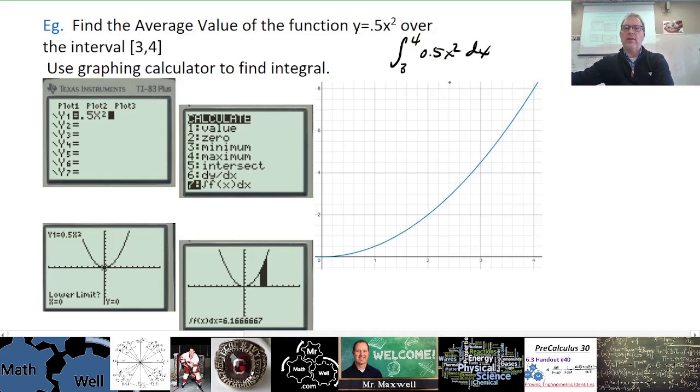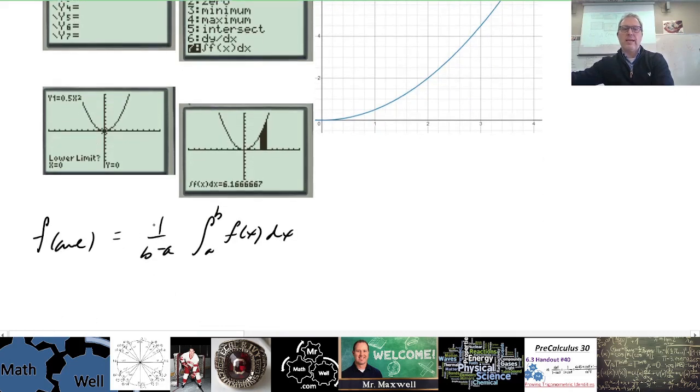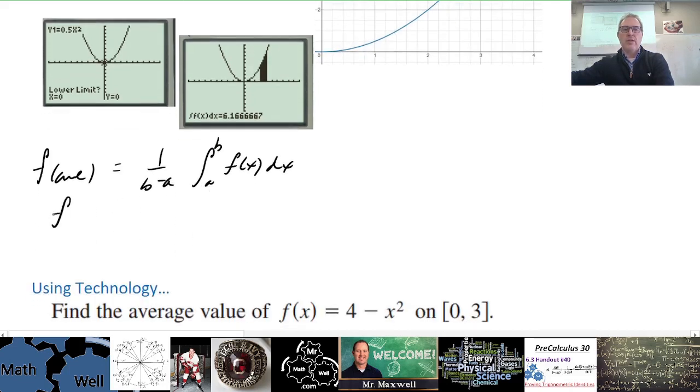Okay, so find the average value of the function. Well, that's just part of it. Now what we need to do is take that value, and remember, we have to do 1 over 4 minus 3 times it. So the function average is actually 6.166 repeating, divided by 4 minus 3.